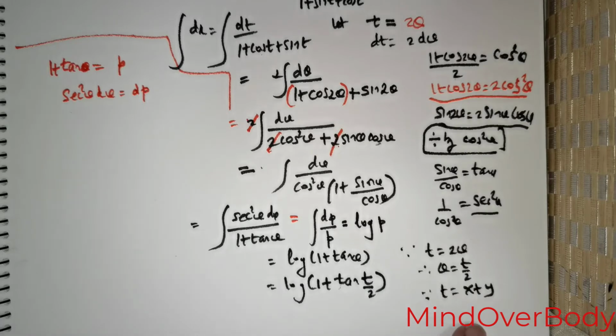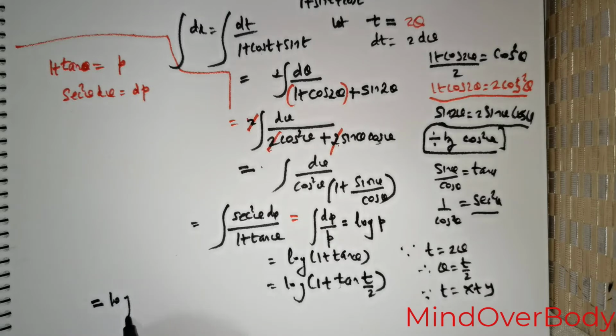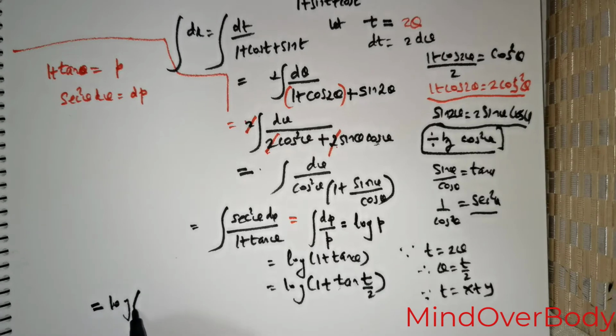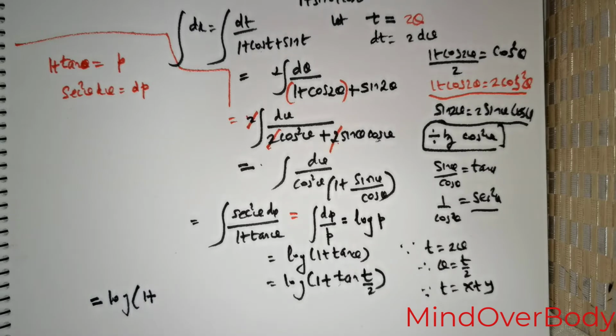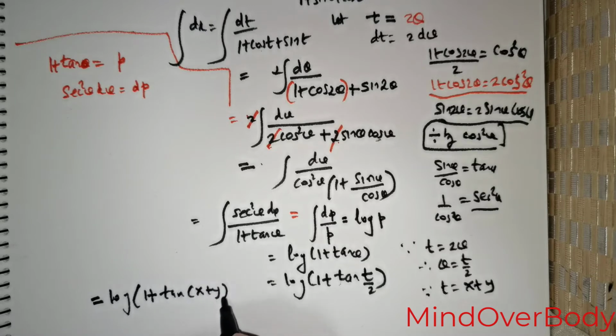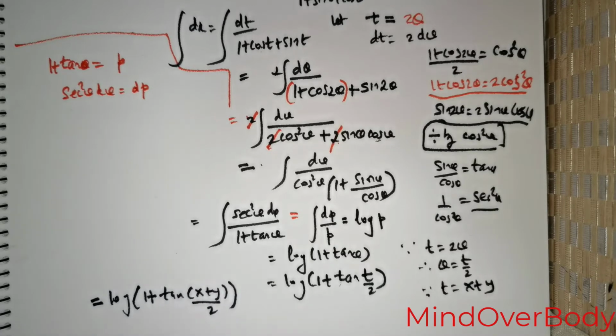So you take that x positive y and you substitute it here. So let me use the space here. So this is going to be equal to log of 1 positive tan, my t is x positive y, divided by 2. So this is what I've got.